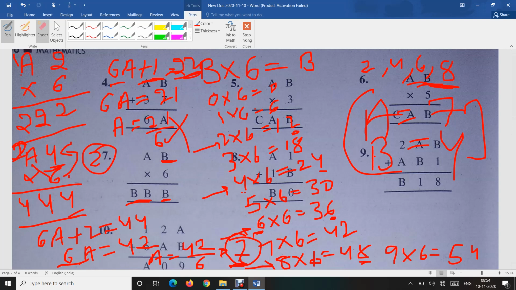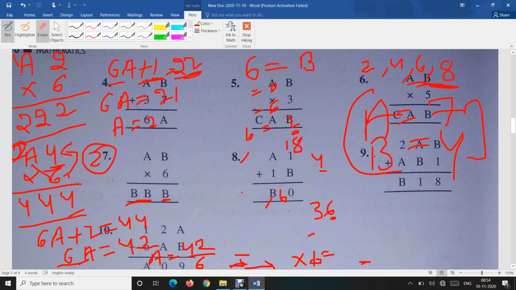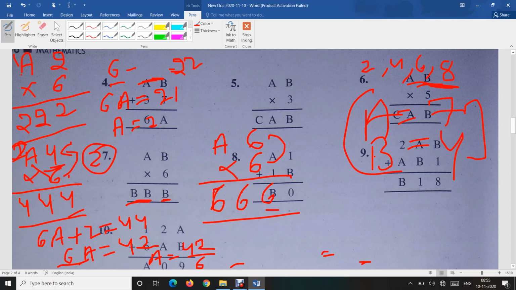See, if you put 6 at the place of B in the same question, that means in question number 7, what will happen and what will you get? A multiplied by 6, and in the result you should have 66. Does it satisfy? 6 multiplied by 6 is 36. That means 6 is here and 3 is carried forward. Then 6 multiplied by A. After that you have to add this carry forward.